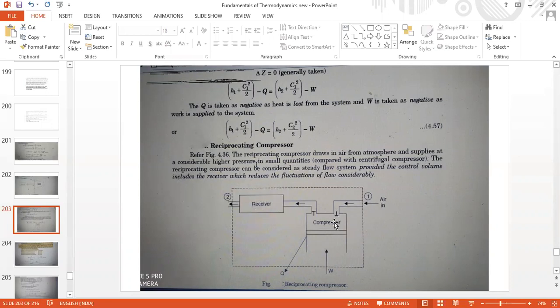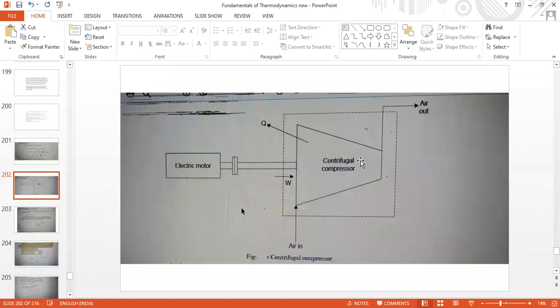The function of this compressor is similar to the centrifugal compressor shown in the earlier topic. There, in the centrifugal compressor, there is rotation of the shaft, rotation of the rotor. Here, all the details are not shown to you.